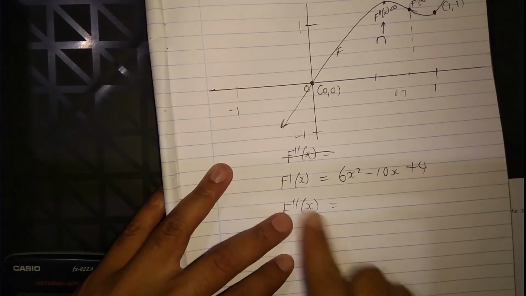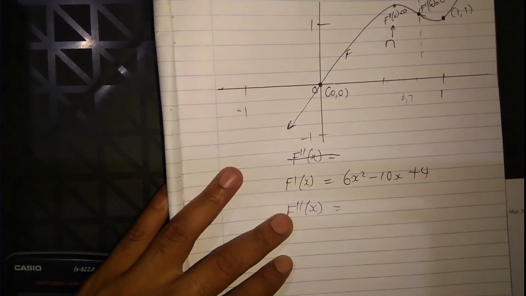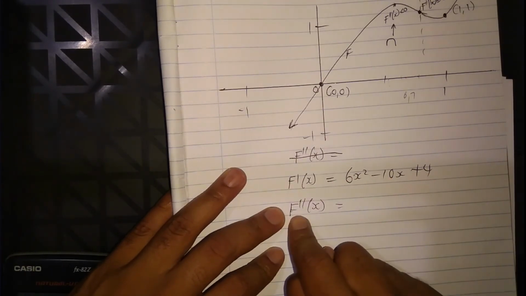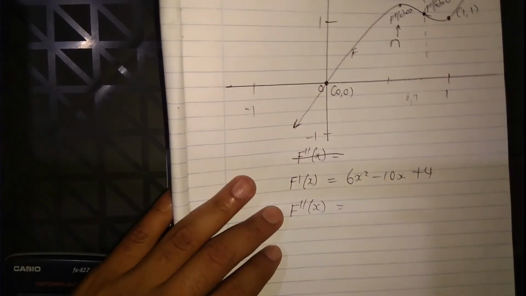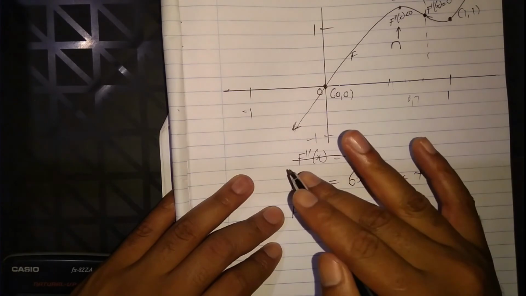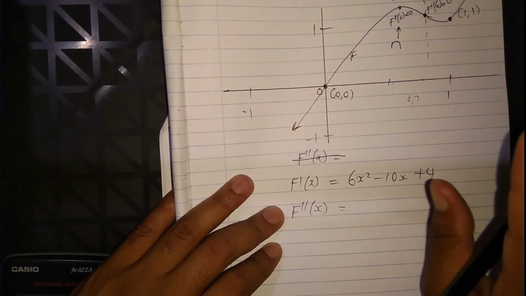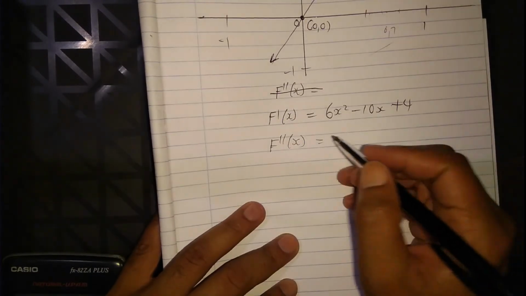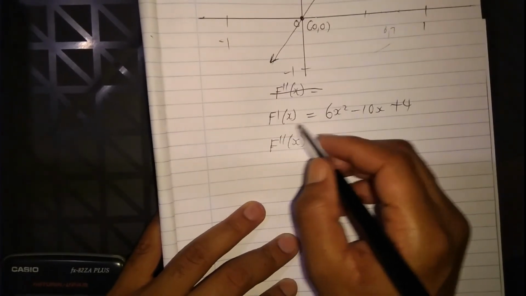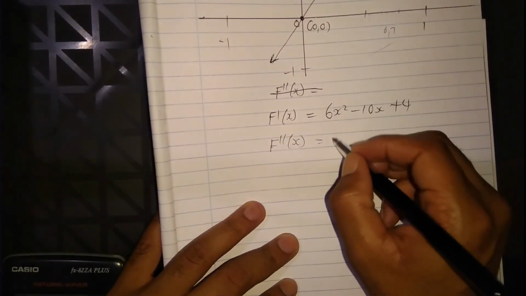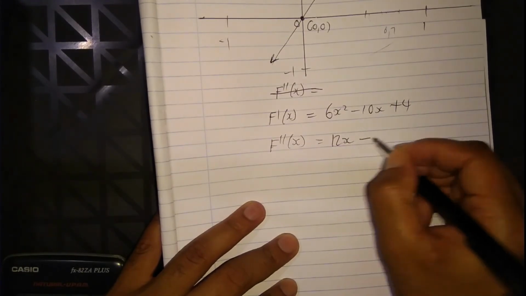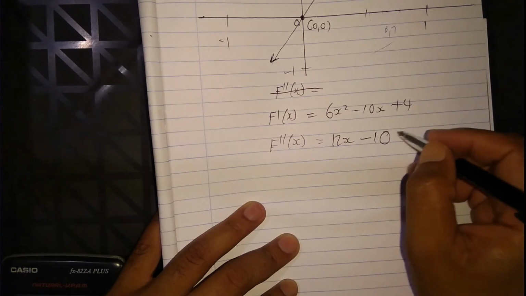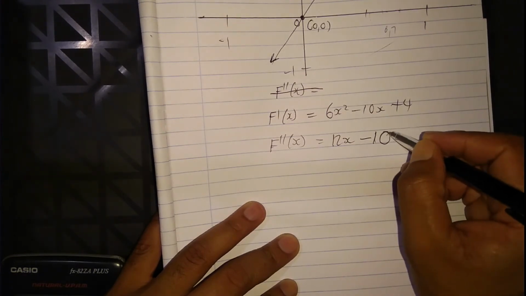In other words, ngithatha your differentiator the first derivative. I-answer engizoyithola kuzoba yi-second derivative yami. I'm differentiating the first derivative, or uthatha the original function with differentiator by 2. So uthatha the first derivative here, differentiator, you total out 12x minus 10.